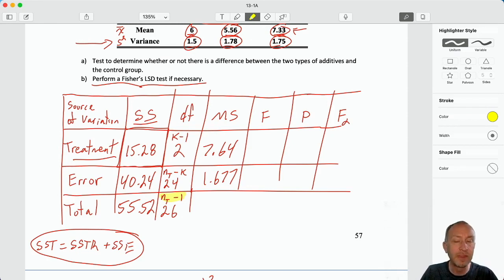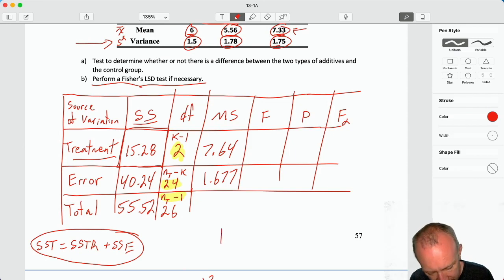You can use that to double check whether your previous degrees of freedom are correct, because notice 26 is also equal to 24 plus 2. The degrees of freedom will always equal the sum of all the degrees of freedom above it. If your degrees of freedom are wrong, then your mean squared calculations are wrong, your F is wrong, your P is wrong, and that mistake follows throughout.